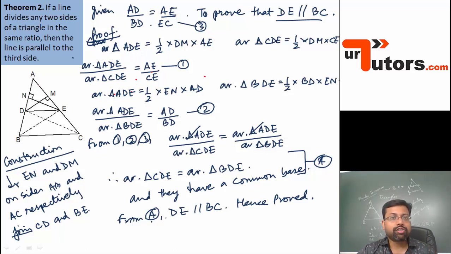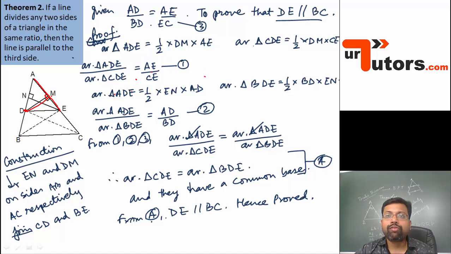Now, similar to the proof of Thales theorem, we first construct the two perpendiculars EN and DM on the sides AB and AC, and also we join the points C to D and B to E. After that, we take the area of triangle ADE. Area of triangle ADE is half into base, which is AE, into DM, and taking triangle CDE into consideration, we have its area equal to half into base, which is CE, and height, which is the perpendicular dropped from the third vertex to the opposite side, which falls outside the triangle, and it is equal to DM.